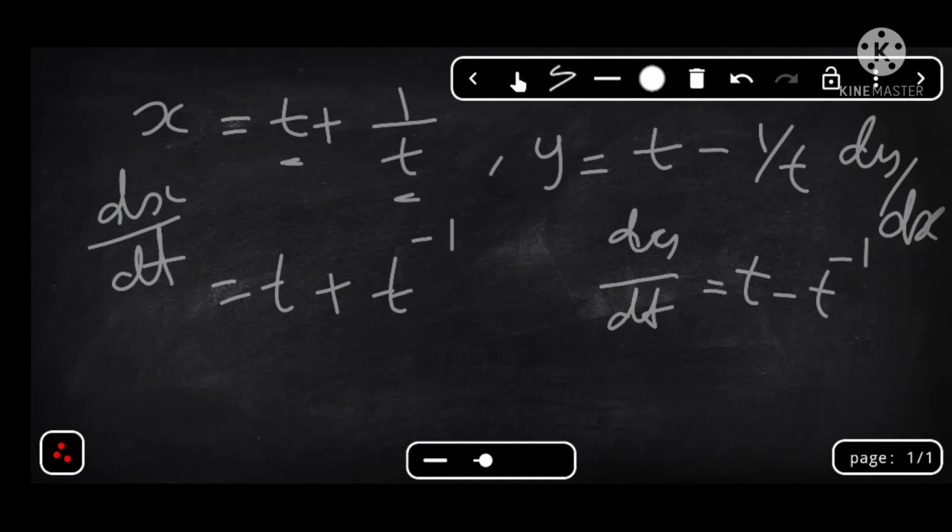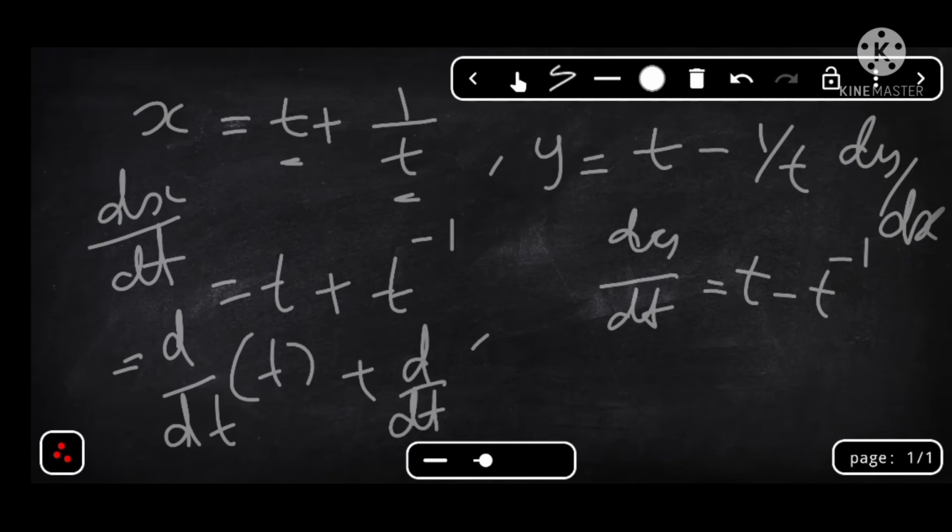Okay, so when we differentiate d by dt of t plus d by dt of t raised to minus 1. So d by dt of t is equal to 1 plus. Now here t raised to minus 1, right?